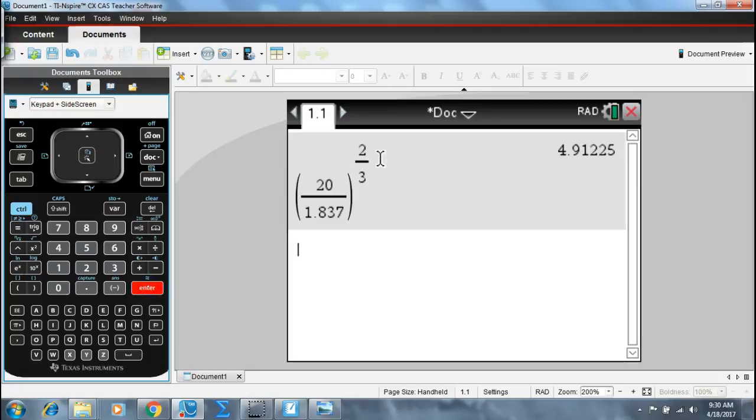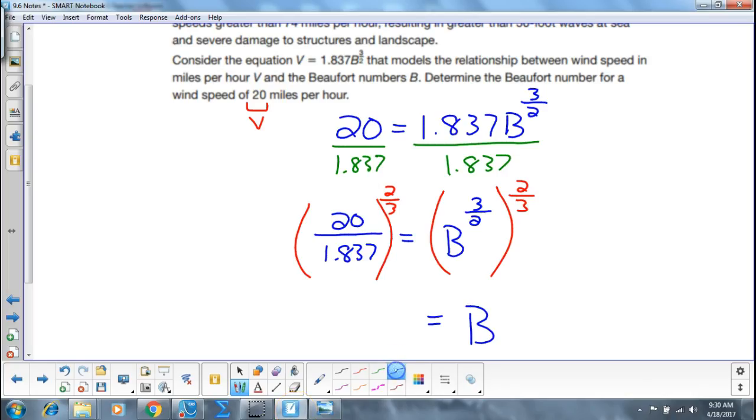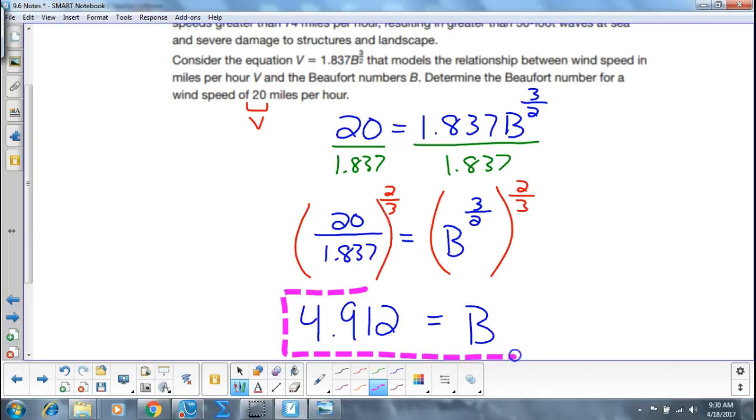I get a Beaufort number of 4.912. Yeah? Okay. 4.912 is my Beaufort number. That's fine. Cool.